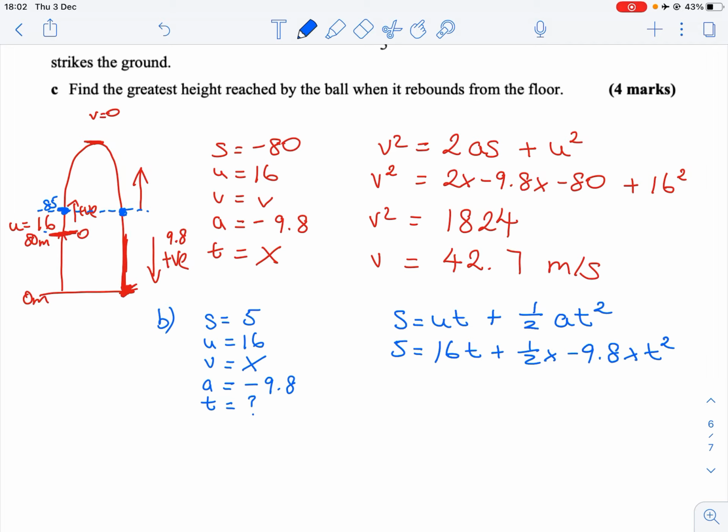So we have 85 equals 16t minus 4.9t squared. Make it look like a quadratic equation, so let's move everything to the other side. So we have 4.9t squared minus 16t plus 85 equals 0.